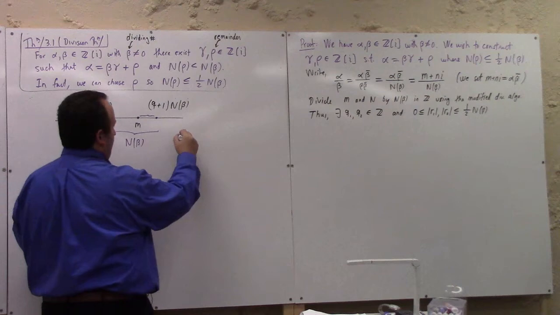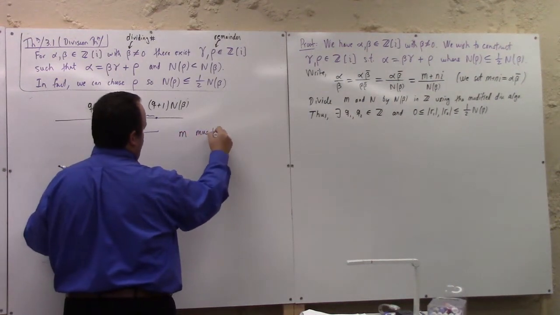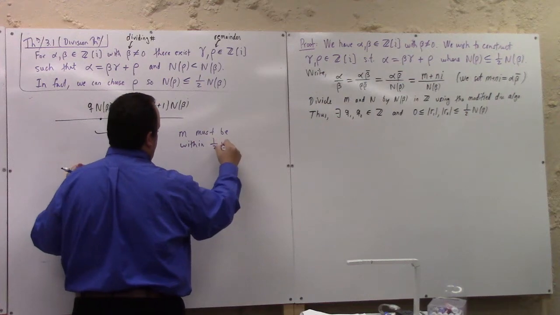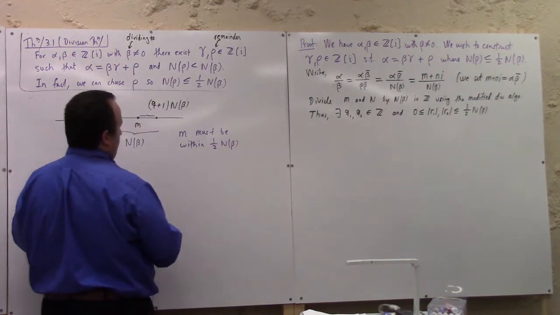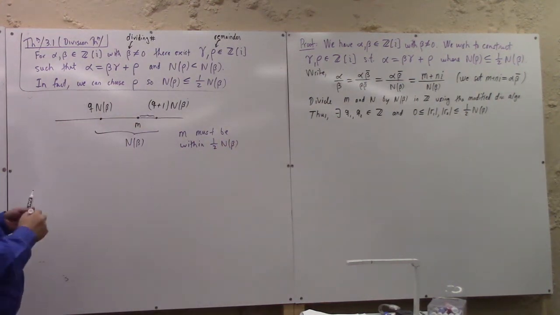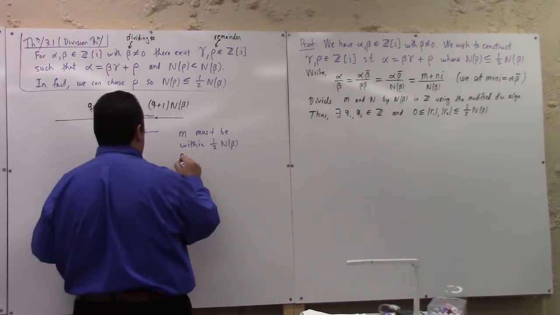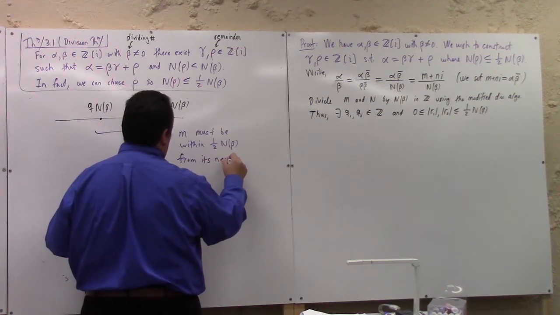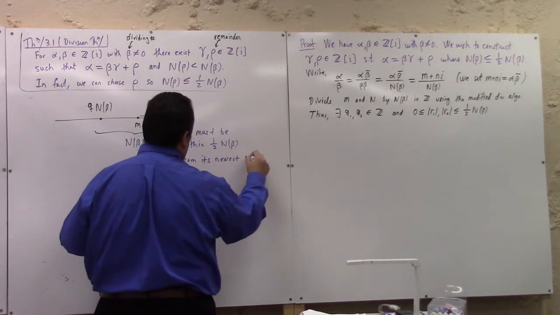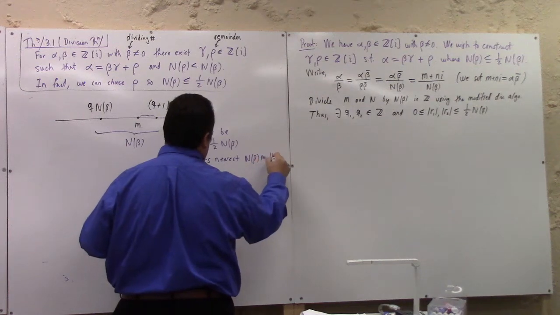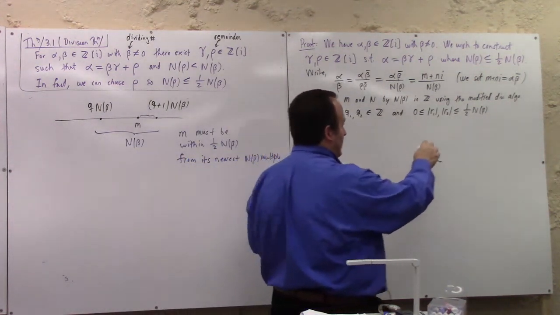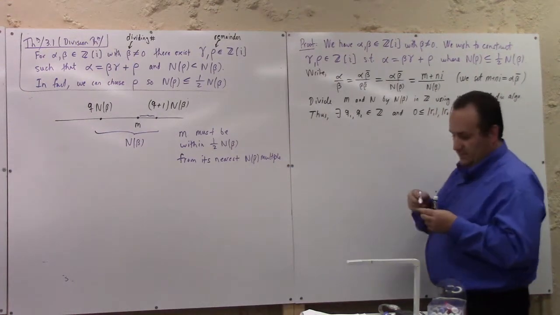So M must be within 1/2 the norm of beta from its nearest multiple. So that's why I get to put 1/2 the norm of beta here from the modified division algorithm.